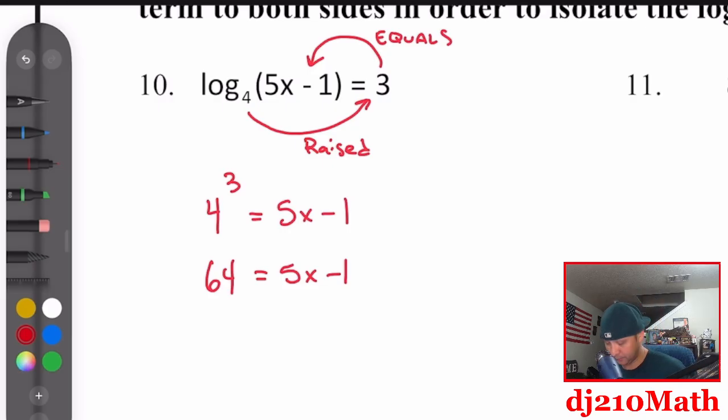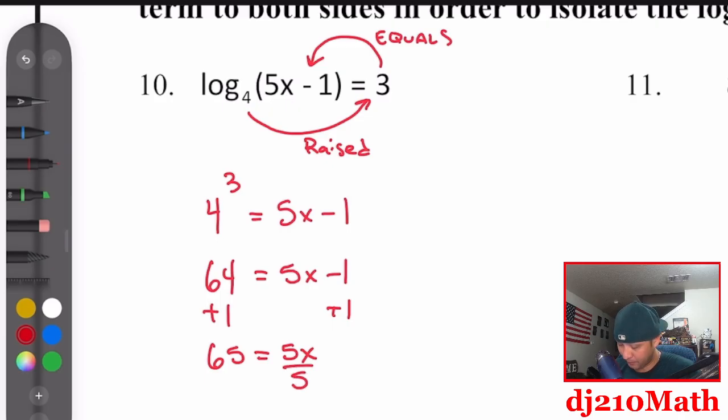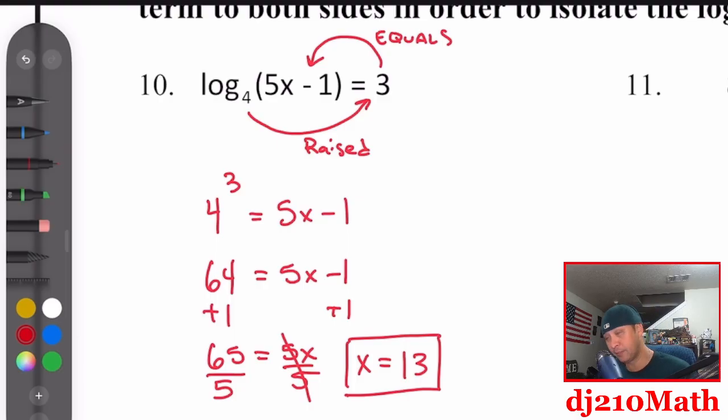And now we're just solving for x. Plus 1, 65 is equal to 5x. Divide both sides by 5. 65 divided by 5. X is going to equal 13. 5 goes into 6 once. Carry the 1. 5 goes into 15 3 times. So 13.